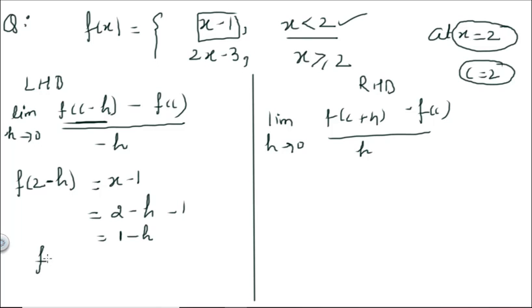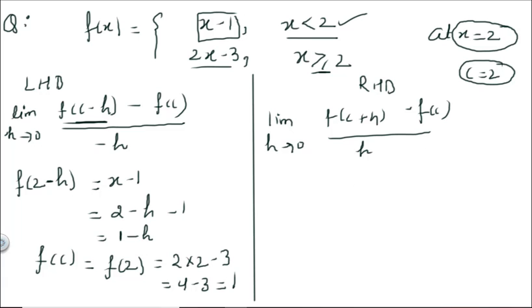Let us check f of c. f of c means f of 2, correct? f of 2 means at x equal to 2. Let me write it for more clarity. For f of 2, we will take this function: 2 into 2 minus 3, that is 4 minus 3, which is 1. Got it?